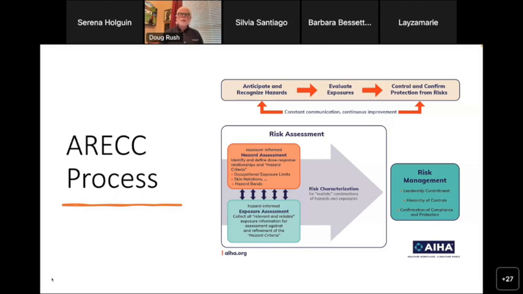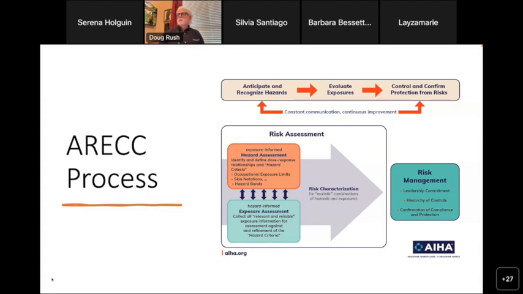And that's all the ARECC process is. It's part of the Plan, Do, Check, Act. And what we have is a continuous circular pattern at the top where we anticipate and recognize hazards. Then we evaluate those exposures, we control them, and then we start back over.